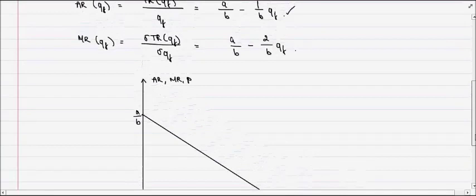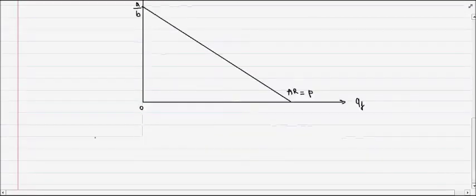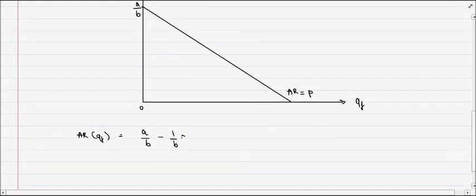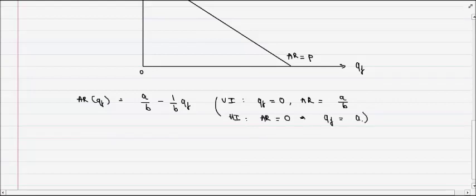Now the horizontal intercept for this one. My average revenue curve is A on B minus 1 on B QF. The vertical intercept is where I make QF equal to 0, then average revenue is equal to A on B. The horizontal intercept is where I make average revenue equal to 0, and so I find that QF is equal to A. That is the horizontal intercept over here.